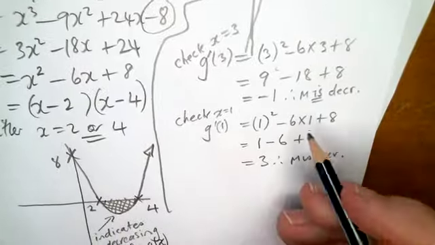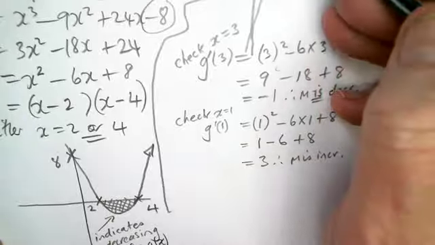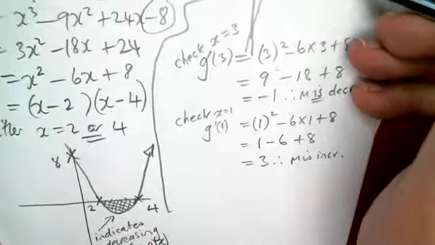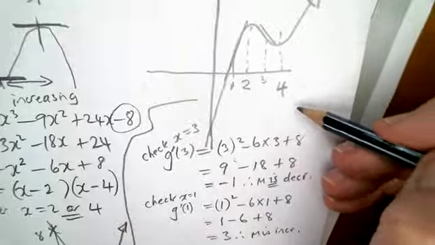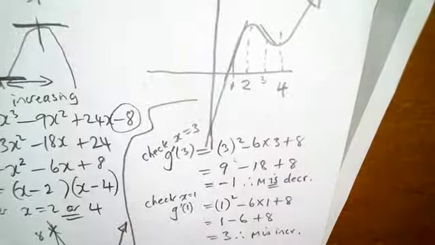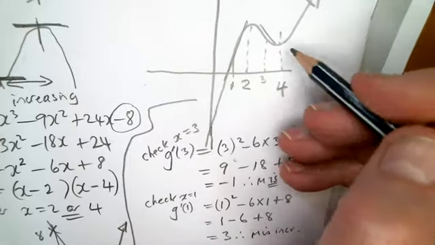And so in other words, we've now checked here, it's increasing, here it's decreasing. So if you checked on the other side of 4, over here, like a 5 or 6 or 7, you're going to find the gradient is going to be increasing here.